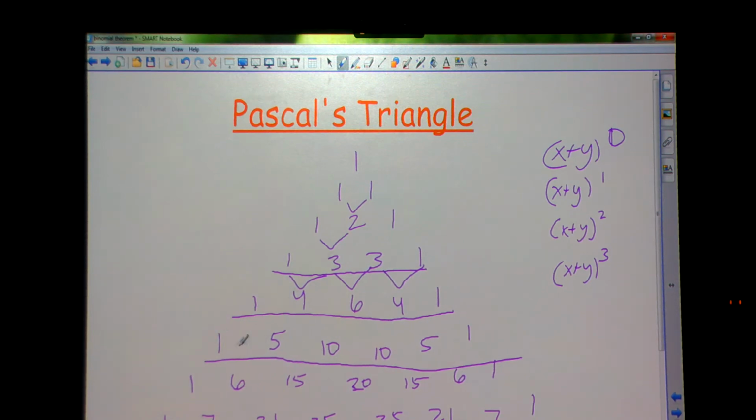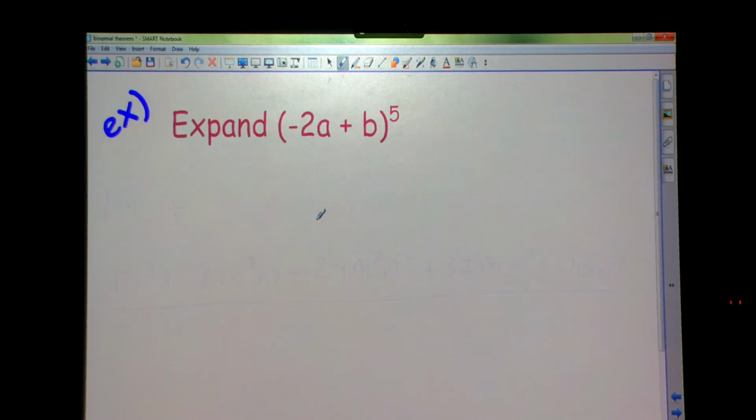And if you have any doubt, the second number also tells you what your power is. See, second, 3, 4, 5. So 1, 5, 10, 10, 5, 1.